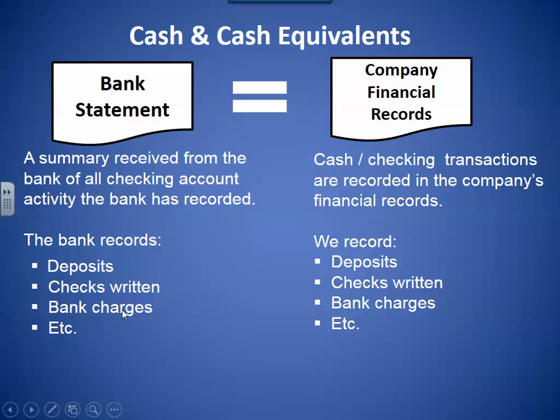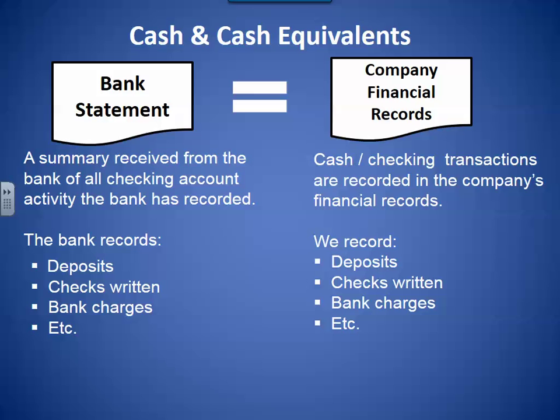Typically the bank makes some bank charges against us, and then we record them in our company records, and the bank could have miscellaneous adjustments or error corrections. So basically whatever happens in our company records should happen in the bank statement, and whatever flows through the bank statement should appear in our company records or be adjusted.